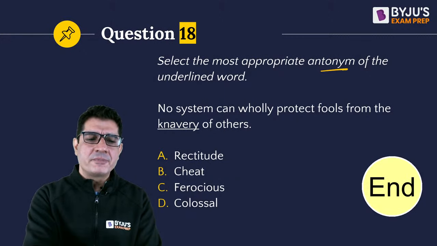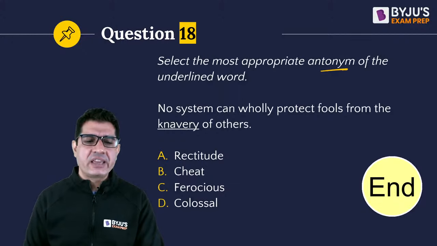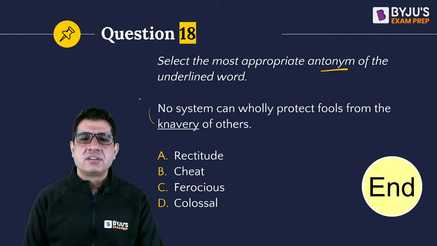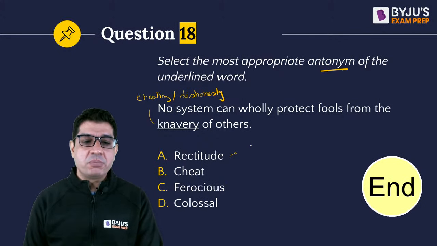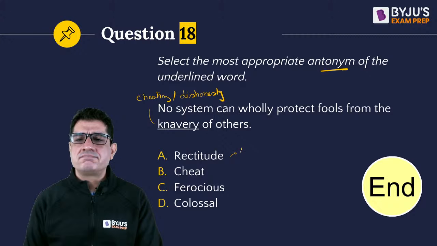So let us see. Okay, so what is knavery? Knavery is basically cheating or dishonesty, right? So now rectitude means, if I were to put it simply, I'll say morally correct behavior.